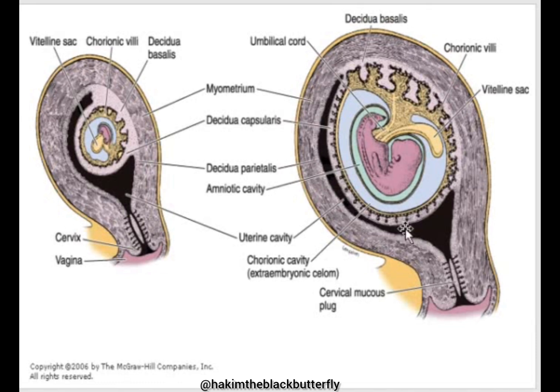And this decidua is endometrium. And the decidua or endometrium which participates in the formation of the placenta is the decidua basalis. Between the decidua capsularis and the decidua parietalis, we have the uterine cavity.